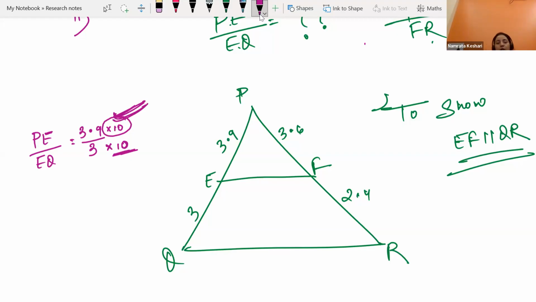Fraction says that whatever you are doing in the numerator, do it with the denominator. Whatever you are doing in the denominator, multiplication or division, do the same in the numerator also. Okay, so we are going to multiply 10 in the numerator, 10 in the denominator.